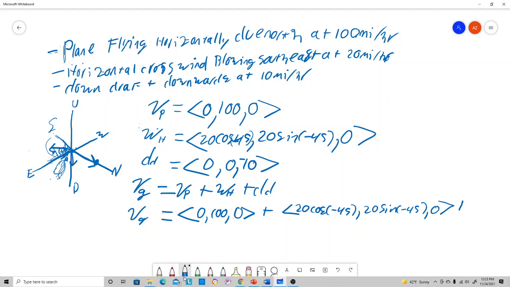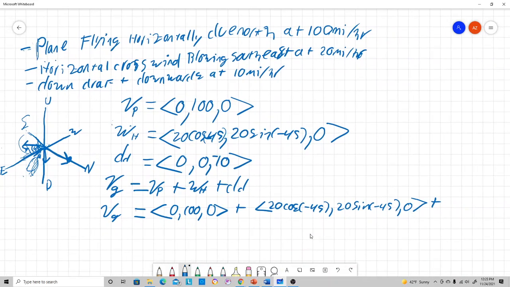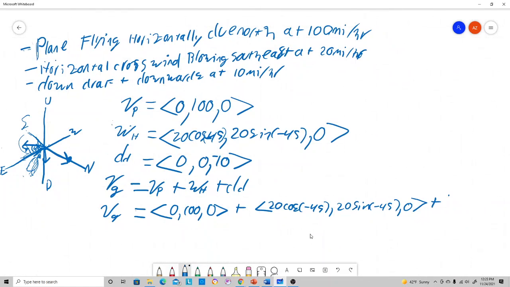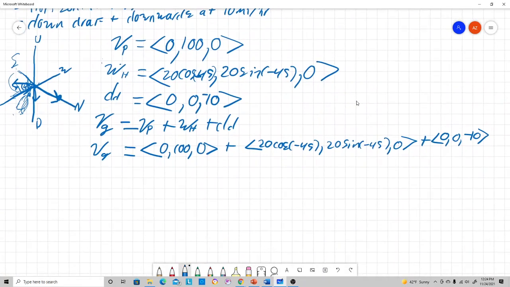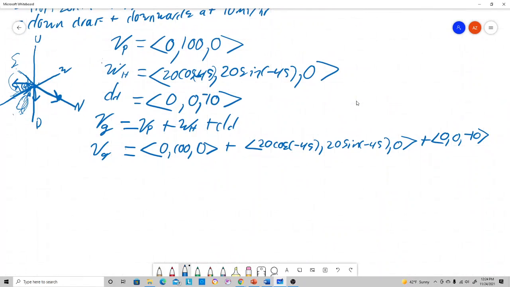And then plus, I need a little bit more room, then plus 0, 0, negative 10. Okay, so now we can just add all of the components together. So what we can do is add all the x's together, add all the y's together, and add all the z's together.